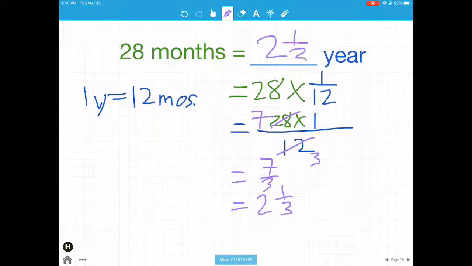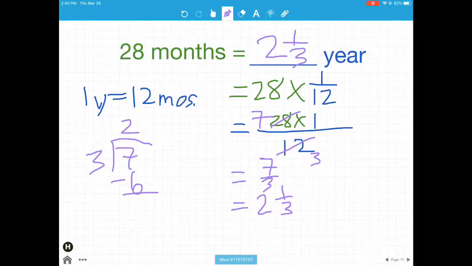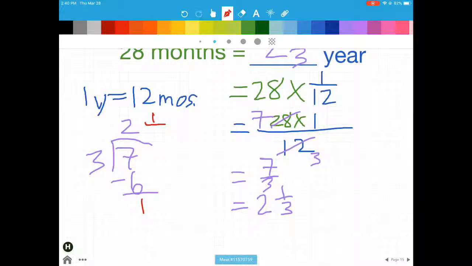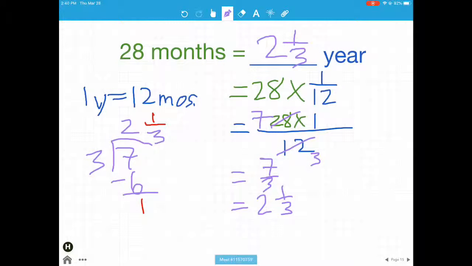Now how did I get 2 1/3? Well, I divided 7 by 3. I get 2. And I subtract 6 from here. And that leaves me with a 1, which becomes a new numerator, and a 3 here. All right, 2 1/3 of a year.